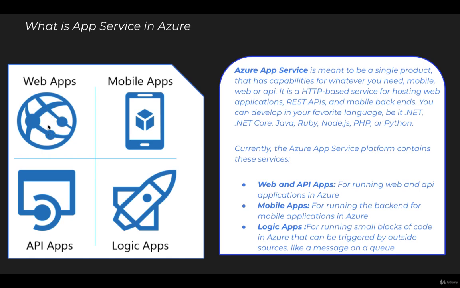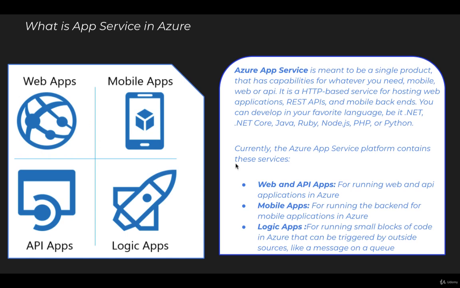With the help of this, an organization will be able to build websites using the web app feature and host them within Azure. You can have custom domain names and all those features. Then there is the API app.